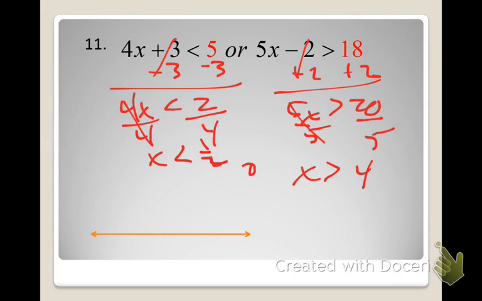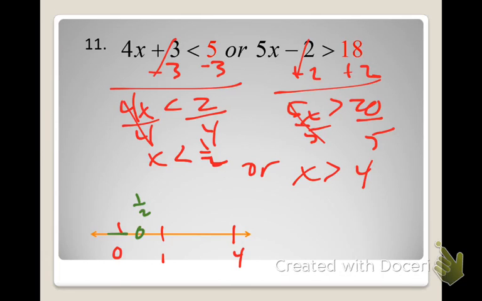And x is greater than 4, and this is an or. So I want all real numbers less than 1/2 or greater than 4. So 0 here, 1 here, 4 here. Am I going to use an open or closed circle on 1/2?